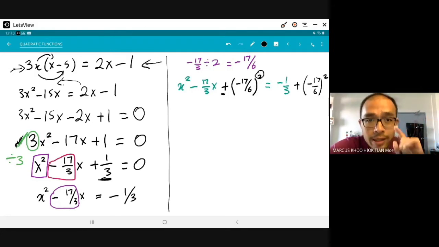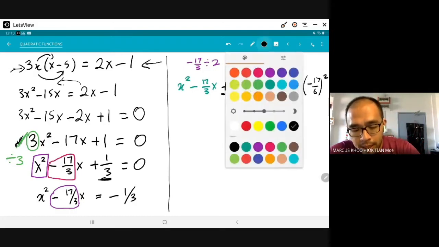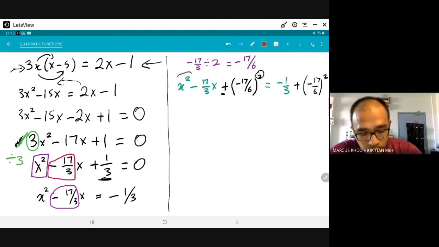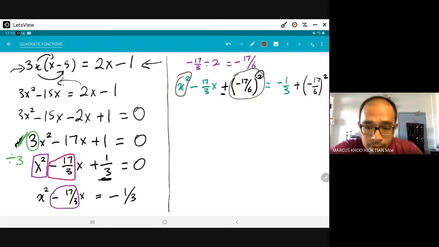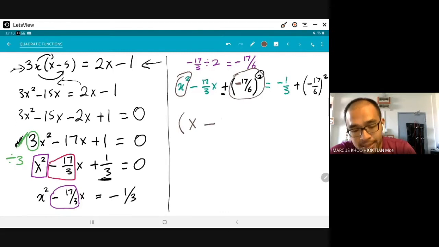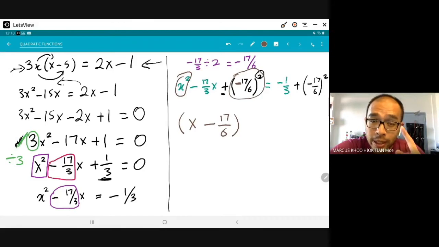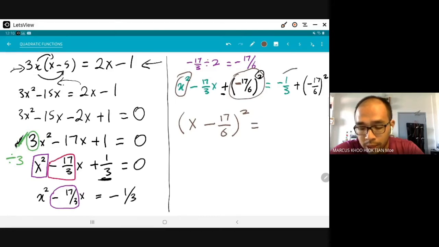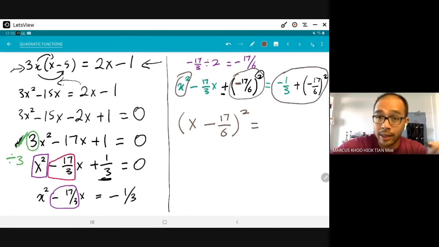Now the only difference lah, perubahan yang satu sahaja adalah bila kita compress, when we compress this and this together, disebabkan inside here is negative, what I will get is, I will get x minus 17 over 6 dan bukan lagi plus. Okay, disebabkan di dalam square itu adalah minus. Then you get square. Dan ini kamu boleh kira dengan menggunakan calculator.